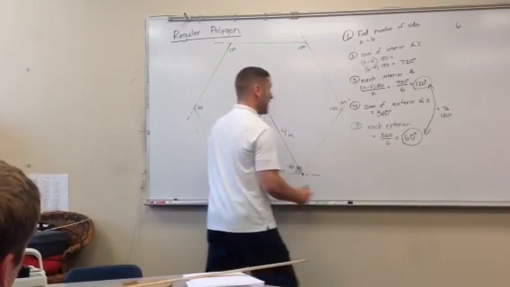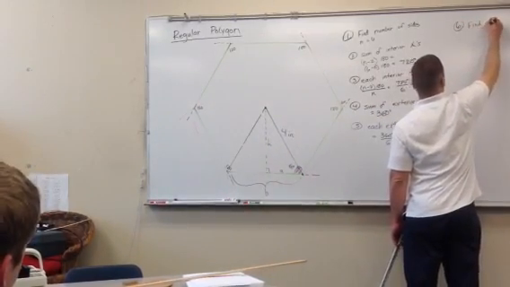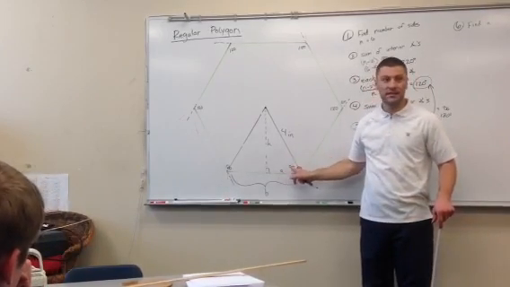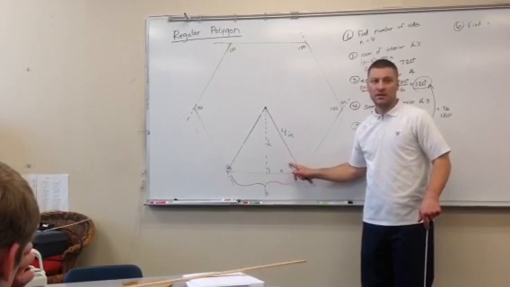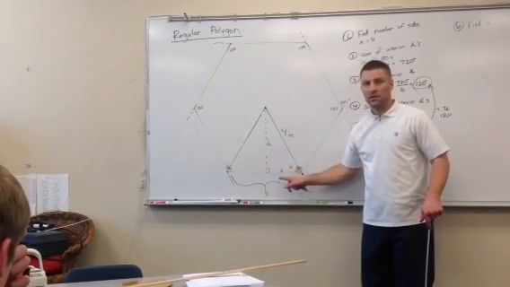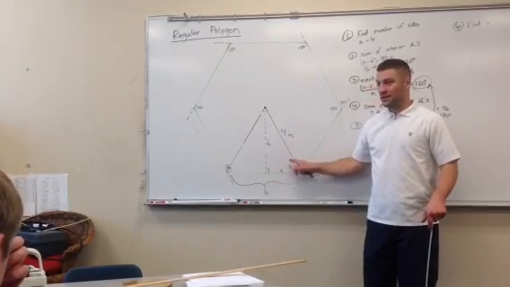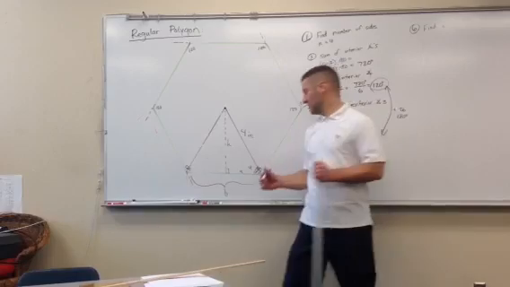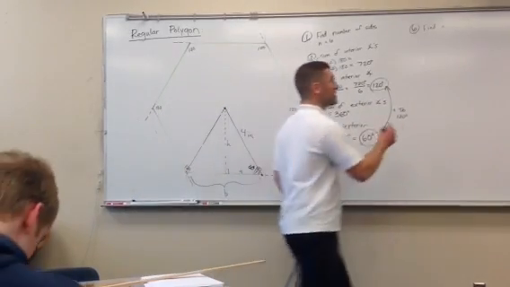Let's find the A value. I want this: adjacent over hypotenuse is cosine.